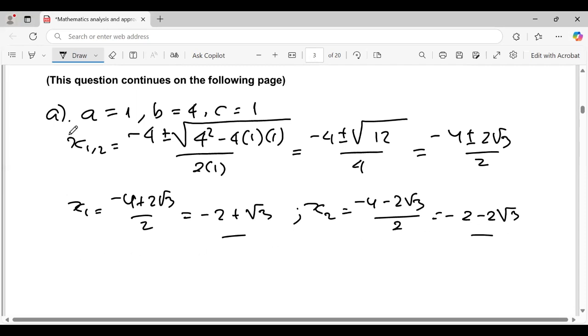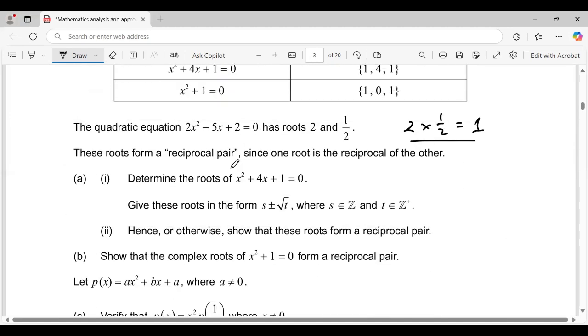Next question, part 2. Give the roots in the form s plus t square root 3, where s and t are integers, and hence or otherwise show that the roots form a reciprocal pair.